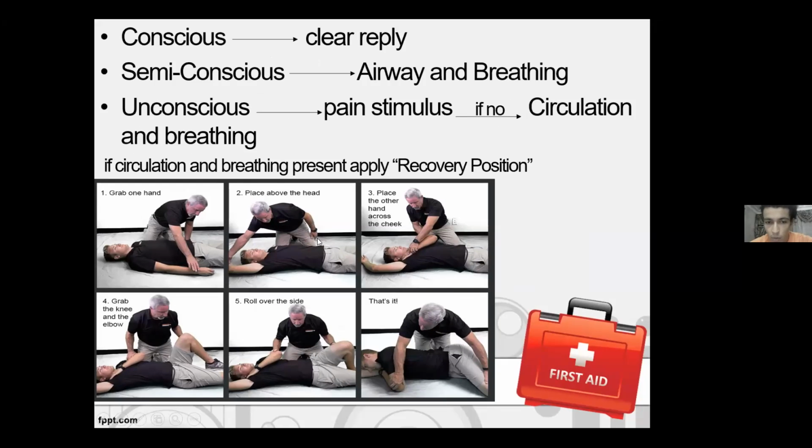Then the arm close to me, I will put across the cheek, down here to the neck, as you see in the video. Then I will grab the closer knee and raise it up. Then I will roll the patient to the opposite side from where I stand, so if the patient has poison or is going to vomit, he doesn't vomit on me but on the ground far from me.